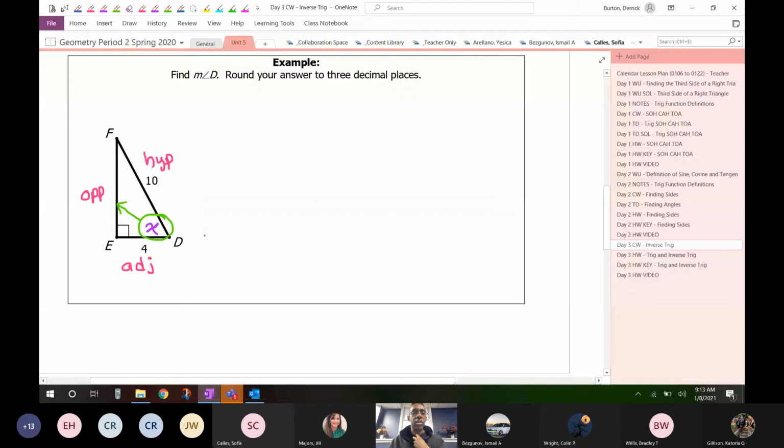So think about your SOHCAHTOA. This will help you decide which trig function we're going to use. Are we going to use sine? Will we use cosine? Or will we use tangent? And the way you will decide is by looking at the sides that you're dealing with. Notice we have the 4 and we have the 10.